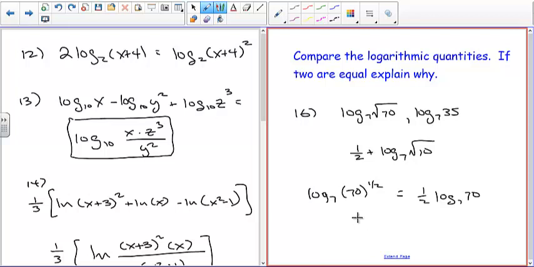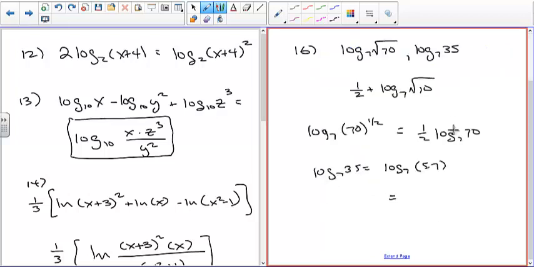But if we could break this up into, yeah, I don't think that's going to help any. Let's think about this one. So if you take log base 7 of 35, that's log base 7 of 5 times 7.